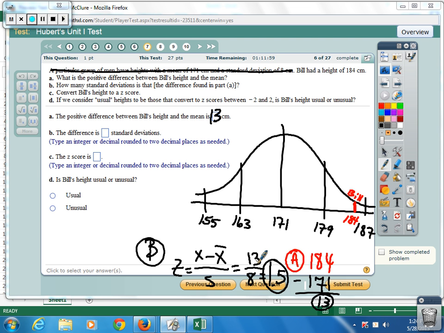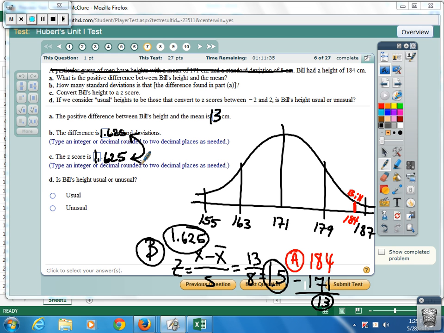What does it come out to be? 1.625. So that's how many standard deviations go here, 1.625 and 1.625. These two are going to be the same number. But it'll have to be 1.63 there, right? Yeah, of course, whatever the rounding.